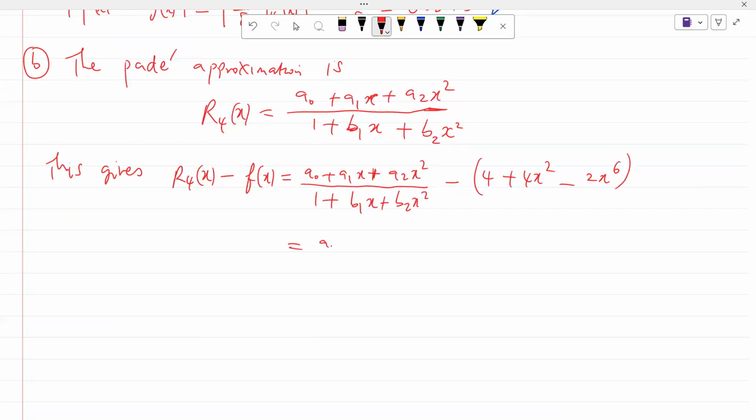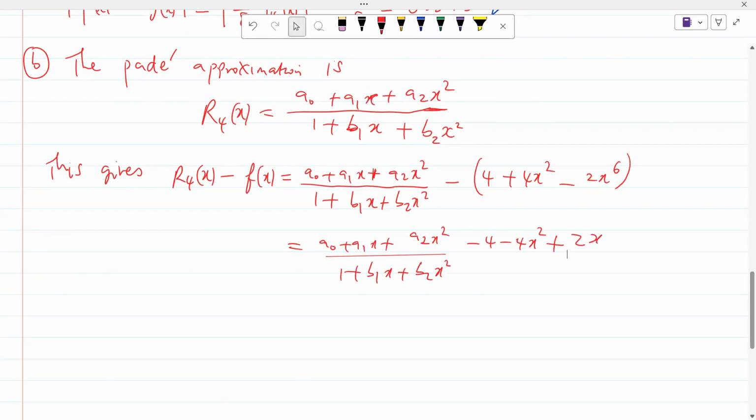Which means it is a naught plus a1x plus a2x squared over 1 plus b1x plus b2x squared, minus 4 minus 4x squared. And then you multiply minus and minus, it gives plus 2x to the sixth power. Okay, right, that's what we get.